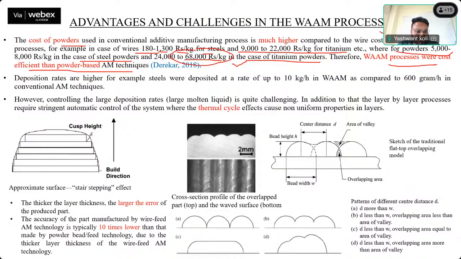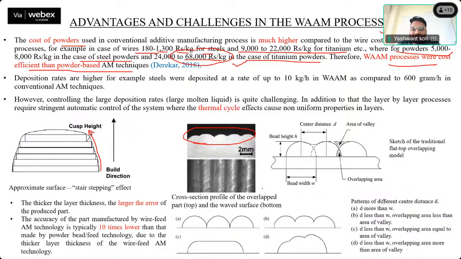Here I have seen the challenges, the staircase defect. We have already covered how we can improve it. This is important in terms of multi-track, multi-wall fabrication of a component. If we are doing multi-track, one layer, two layer, these are the adjacent tracks we are laying. So how much overlapping do we have to do?